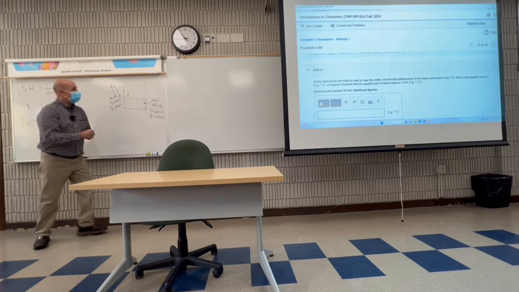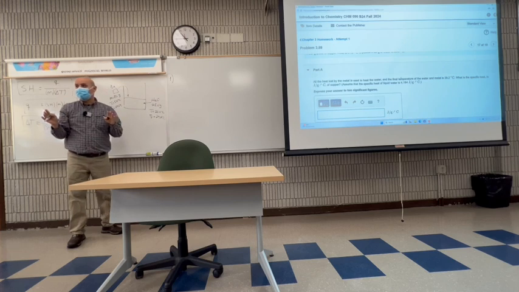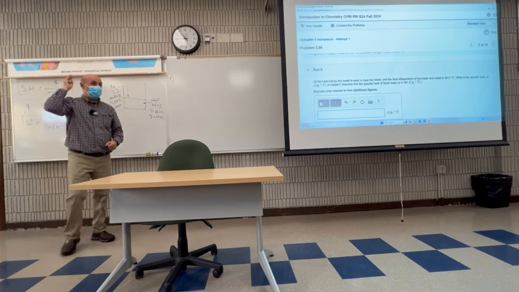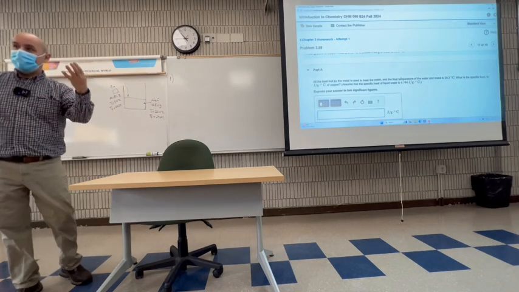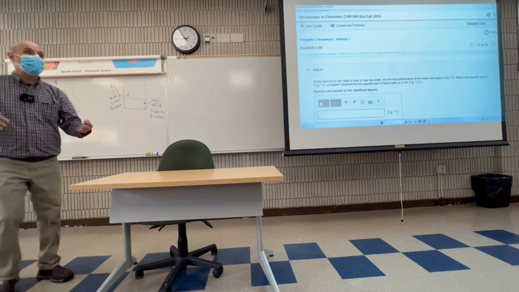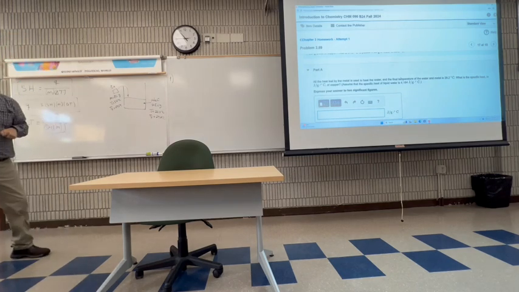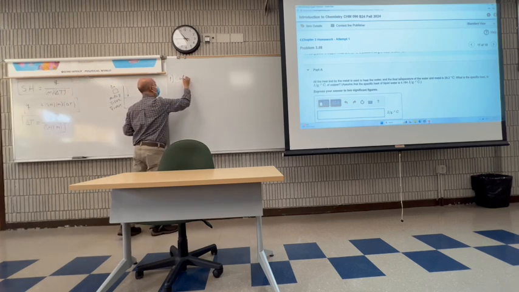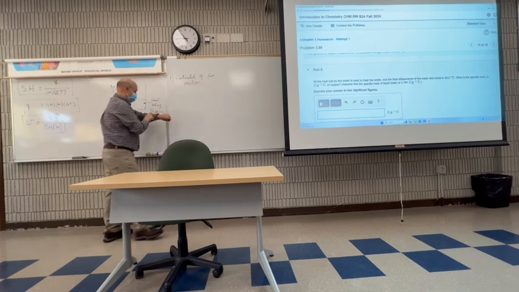So step number one. Is everybody following my logic here? Because it's not my logic, but it's the logic that exists for this problem. The amount of heat that the water is going to absorb is equal to the amount of heat that the copper is going to lose. We can calculate the specific heat of copper using the fact that we know the specific heat of water. So first, we're going to calculate Q for water in this problem.